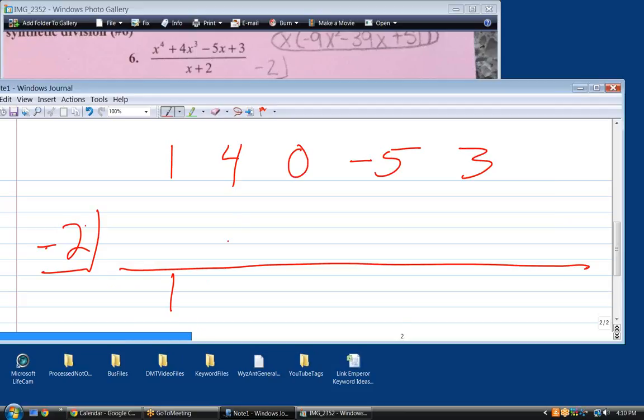What goes here? 1, and -2. And the difference between synthetic and long division is we're always adding, because notice I changed the sign on the number. In other words, if we were doing long division, it would be x plus 2. We'd be subtracting. The reason synthetic division works is because we change the sign on the number and we add.